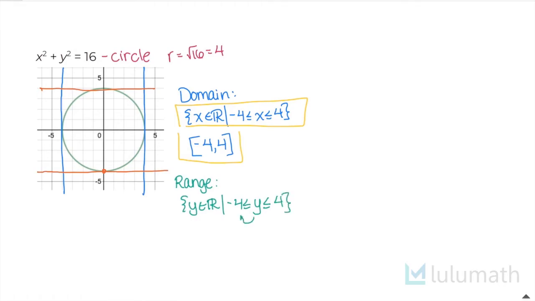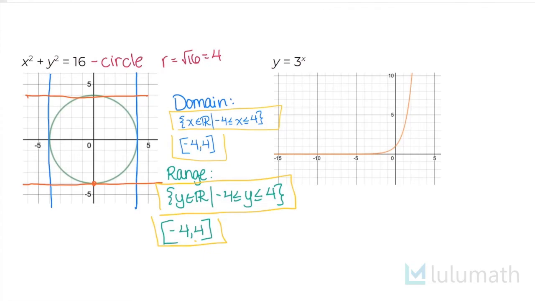So this is saying y is bigger than or equal to -4 and y is smaller than or equal to +4. For interval notation, we can just say from -4 to +4 like this. And with our interval notation, when we write it like this, it implies that x and y are elements of the reals.